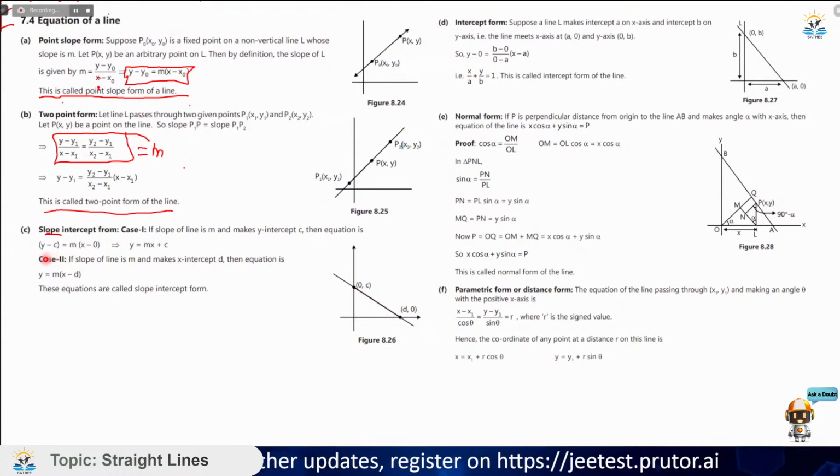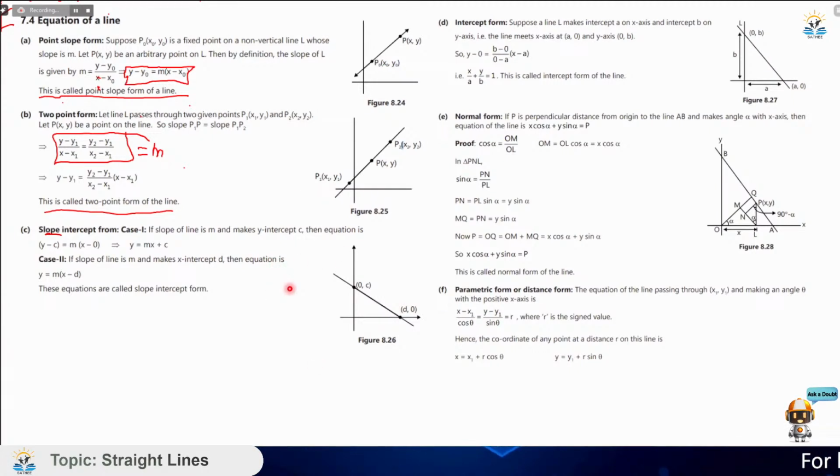So slope m is equal to 0 minus d upon c minus 0, which is minus d by c, which will also be equal to m.